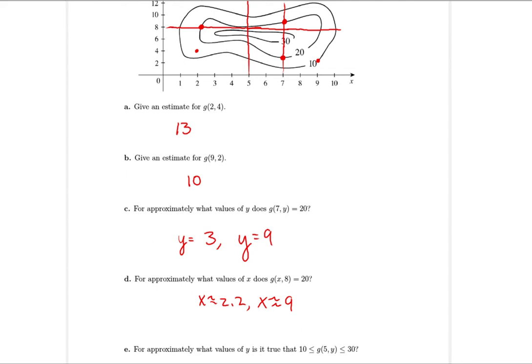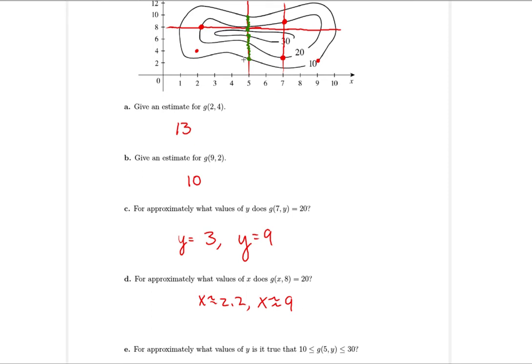Here's 10 and here's 30. But in this little region past here, it's more than 30. Within this one that's right in the middle, the elevation gets above 30. So we have this region and this region here.